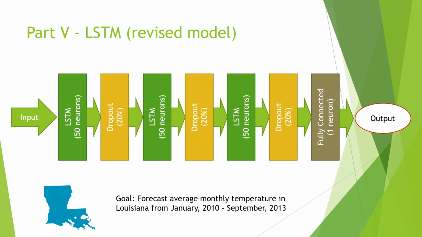Along with the additional LSTM layer, I added another dropout layer as well. And with that, I also increased the dropout percentage from 10 to 20, hoping that could eliminate even more bias from the model without having any negative effects.